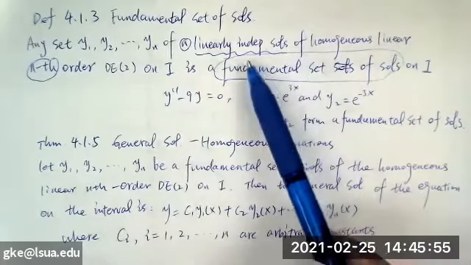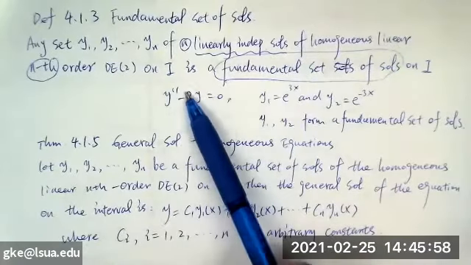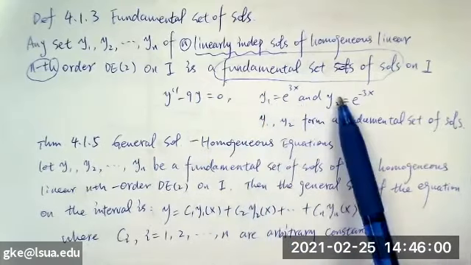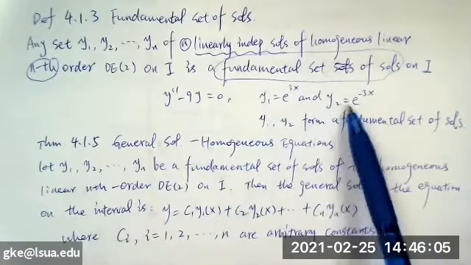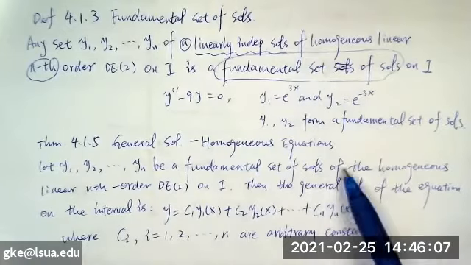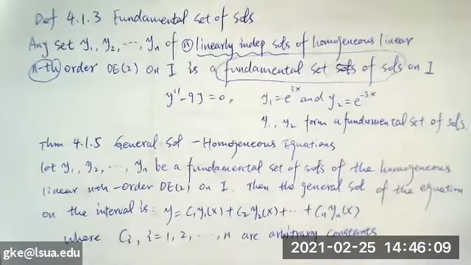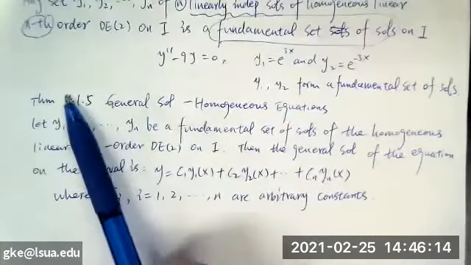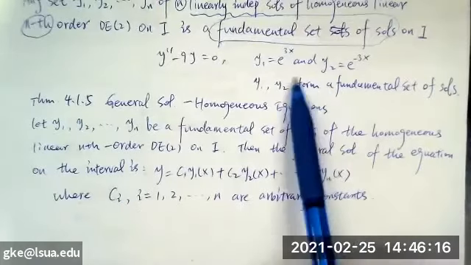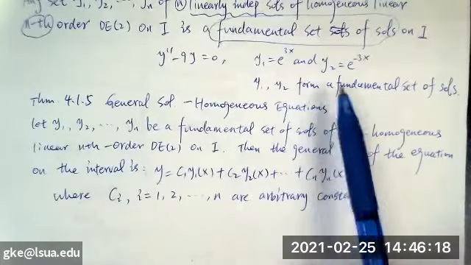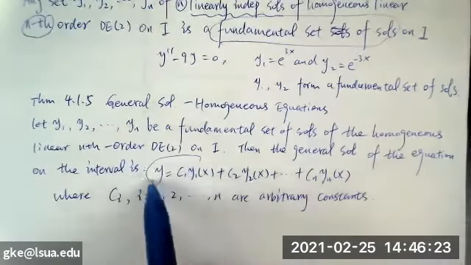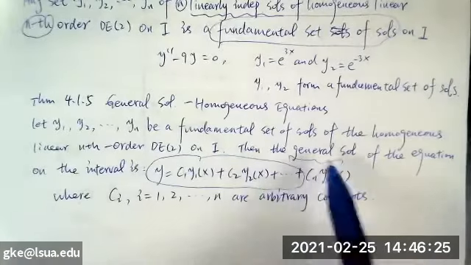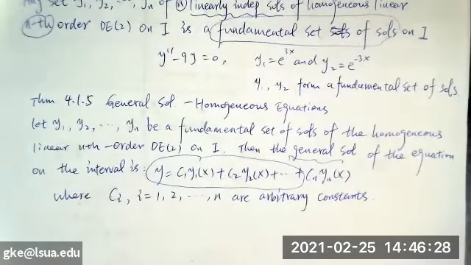For example, for a second order differential equation, we find two linearly independent solutions, and these form a fundamental set. And by theorem 4.1.5, if we found the fundamental set, then we can take the linear combination and say this is the general solution.